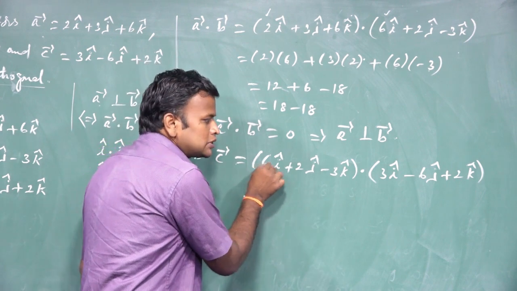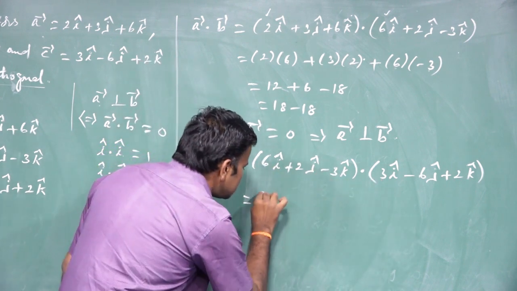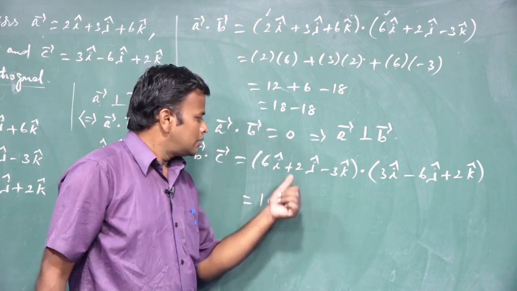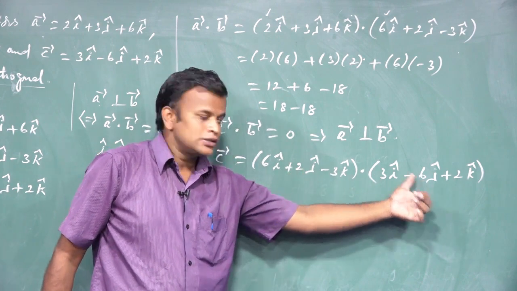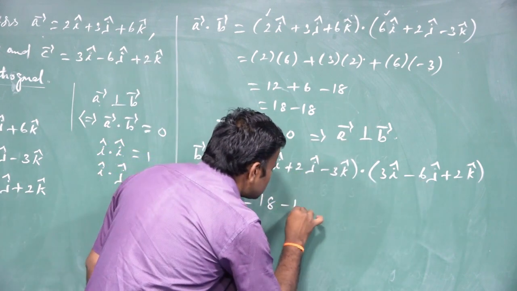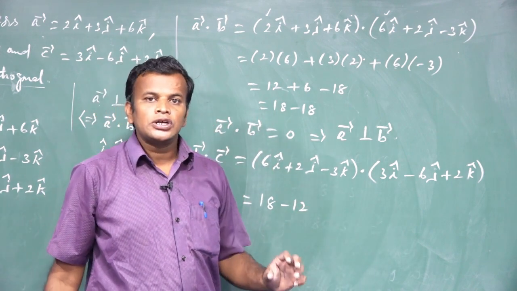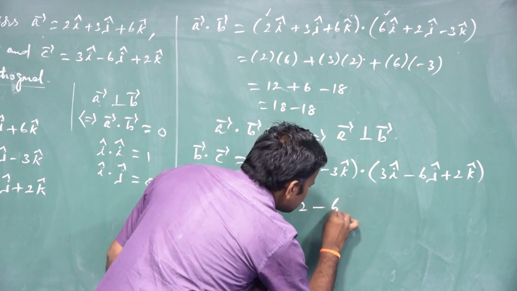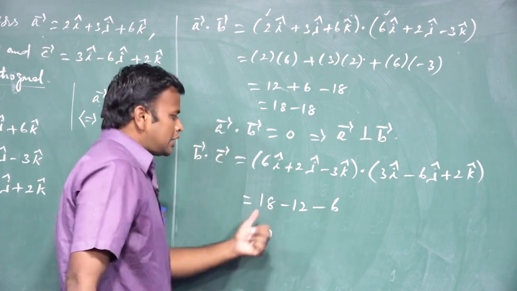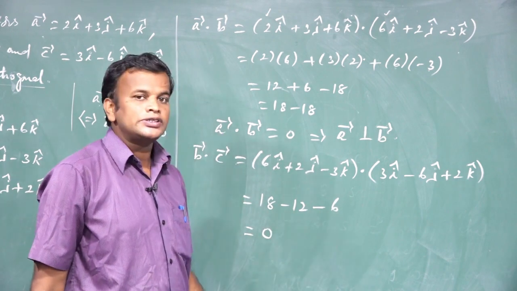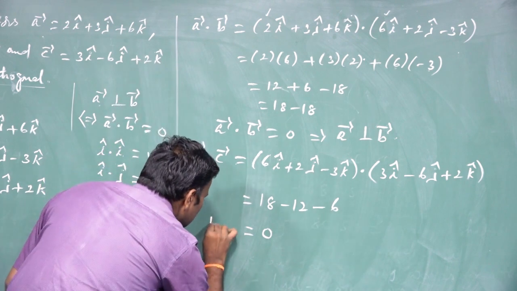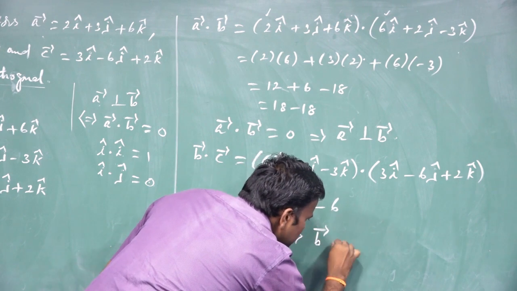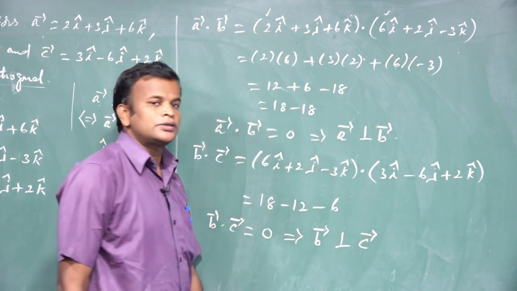Here the coefficient of i cap is 6, here 3. 6 3s are 18. Next, we multiply the coefficient of j cap, plus 2, here minus 6. 2 into minus 6 is minus 12. We multiply the coefficient of k cap, minus 3 and 2. Minus 3 into 2 is minus 6. So minus 12 minus 6 is minus 18. 18 minus 18 is 0. So b vector dot c vector is 0. So we say b vector is perpendicular to c vector.